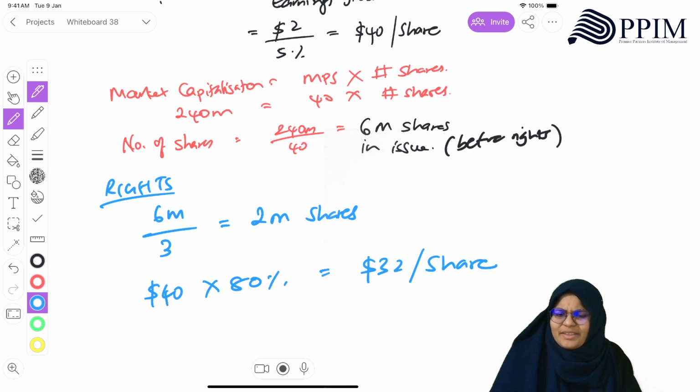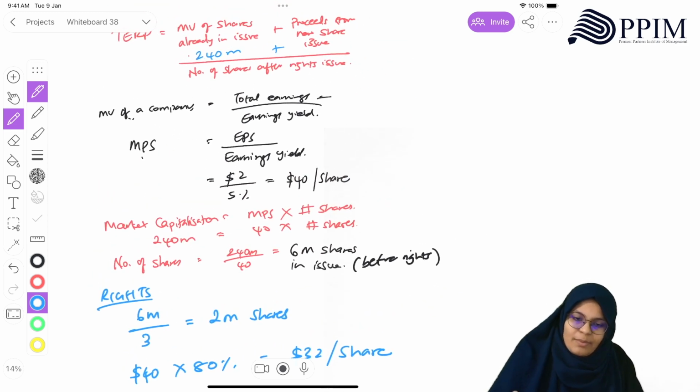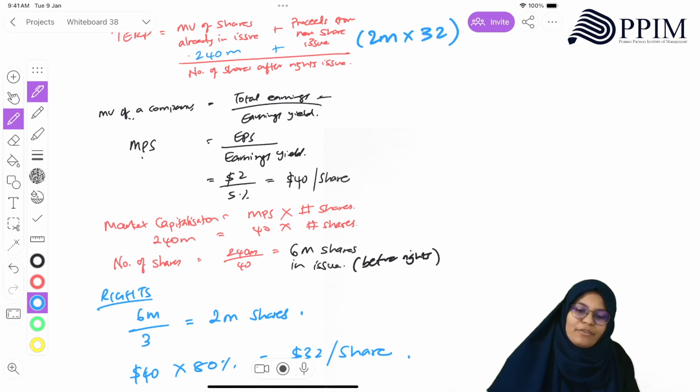So now we have everything that we need for the TERP. Okay. So let me go here. Market value of the shares 240 million, that's fine. Proceeds from the new share issue. So I am going to issue 2 million new shares and each share at $32, right? So this will be 2 million into 32. And number of shares after the rights issue. Before rights I had 6 million, after rights I will have 2 million more.